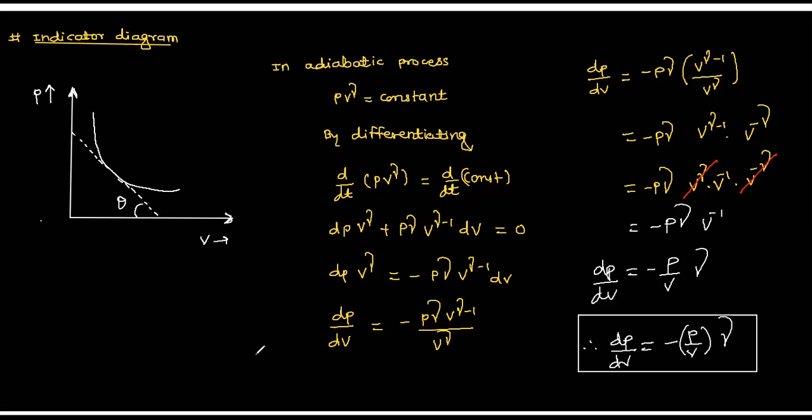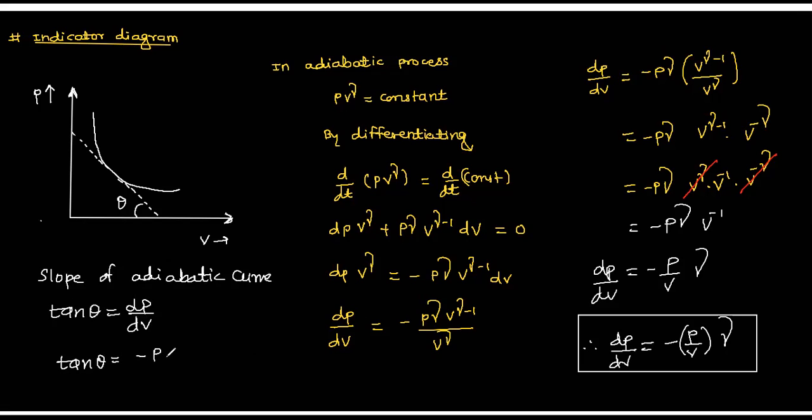Therefore, here I am writing the slope of the adiabatic curve, that is tan of theta is equal to dP by dV, and therefore tan of theta is equal to minus P by V into gamma. Is that clear?